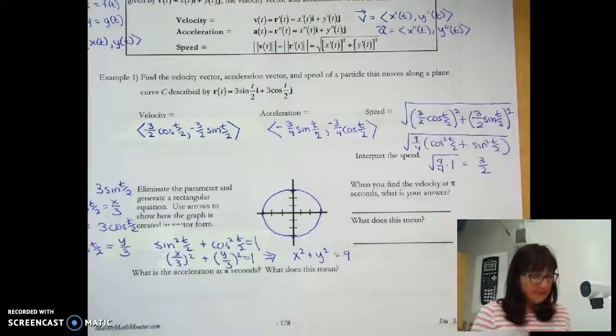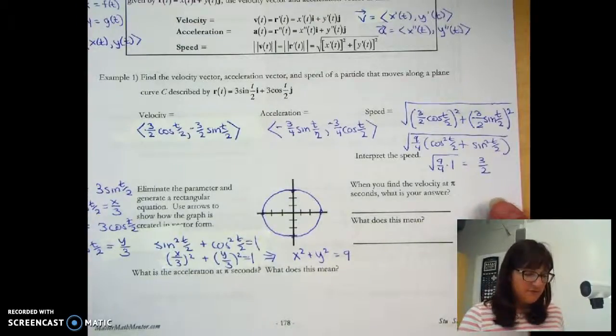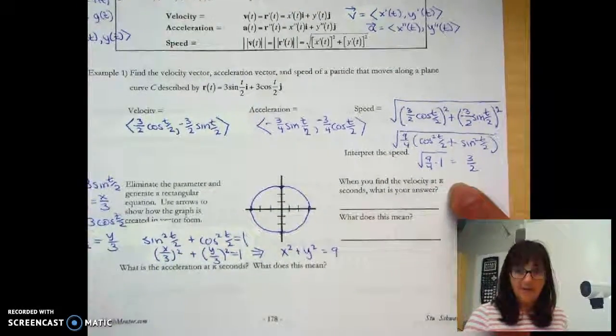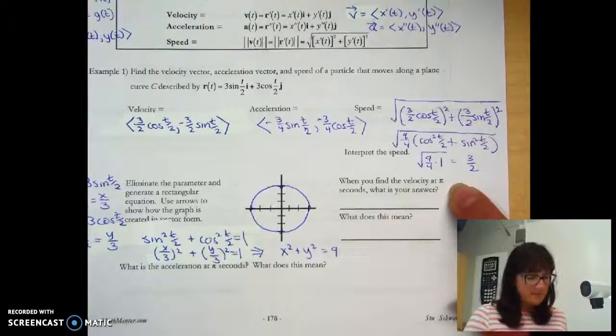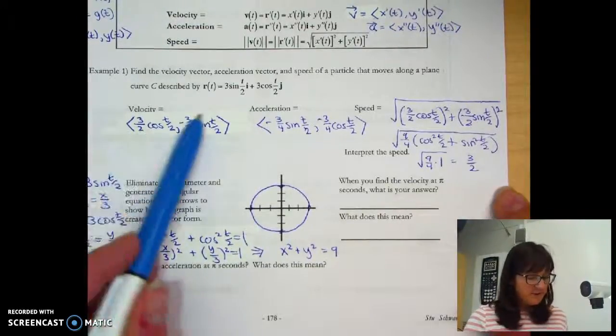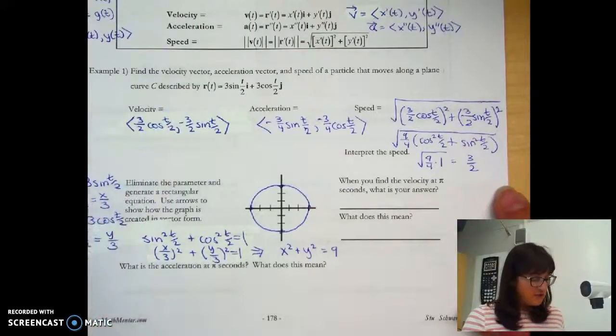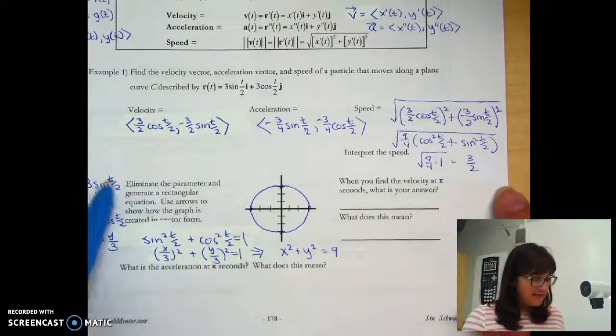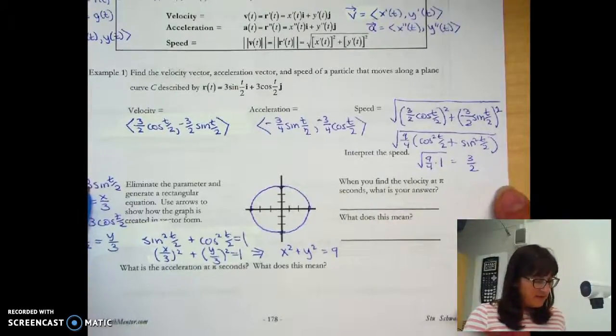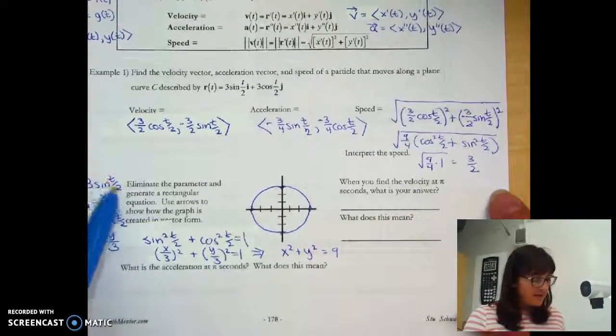Okay. All right, it says over here to find the velocity at pi seconds and then to figure out what the answer is. So if we think about putting in pi into our position equations, the sine of pi is 0, so I know the x will be 0. And, oh, I'm sorry, we're putting pi in, it's going to be pi halves. So that'll be sine of pi halves.